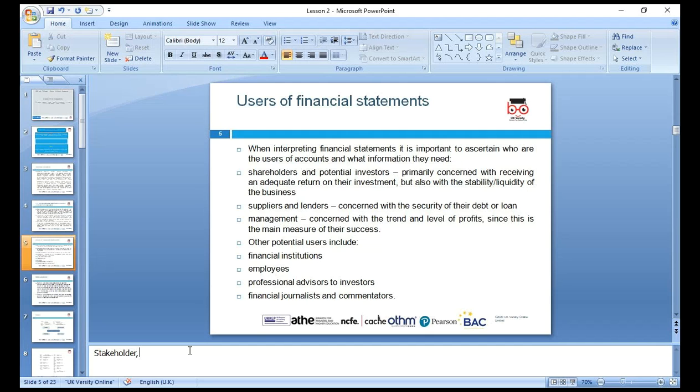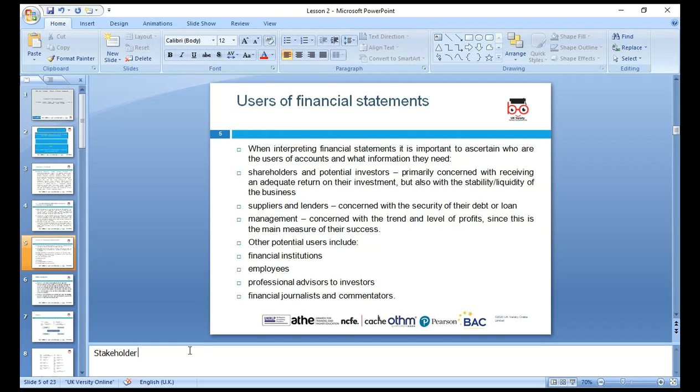So anybody who has any interest in the business, or whose interest will be influenced by our actions. Like the generations that come after us, if we pollute the environment. Those are also stakeholders, animals and various other stakeholders as well. So we need to protect that. We'll try to protect the interest of everyone. We need a balanced approach.